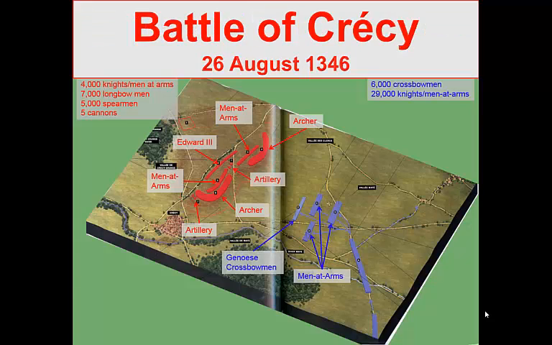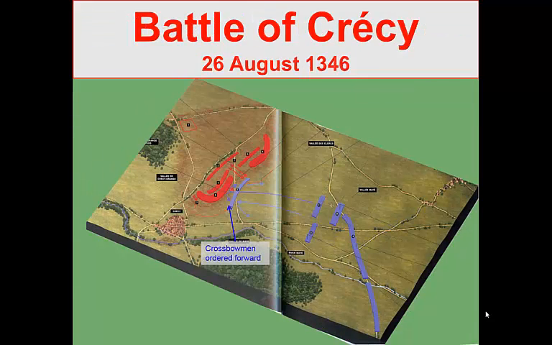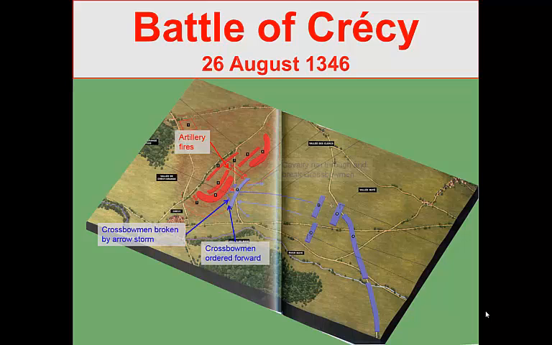Now, Battle of Crécy. French crossbowmen moved forward. The English attacked with an arrow storm plus their artillery. Then the French cavalry charged right through their own crossbowmen. The cavalry were broken also by an arrow storm.